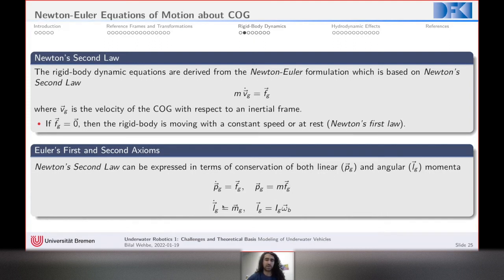And then the time derivative of the angular momentum L is also going to be equal to the moments that the body is experiencing, and this angular momentum is the moment of inertia around the center of gravity times the vector omega_b, which is the angular velocity of that body.